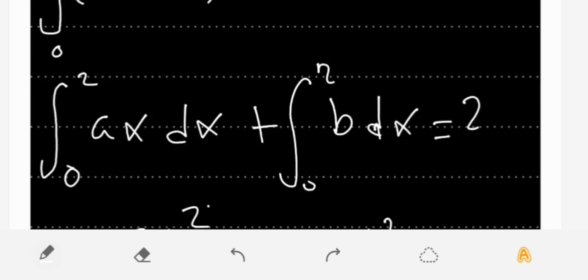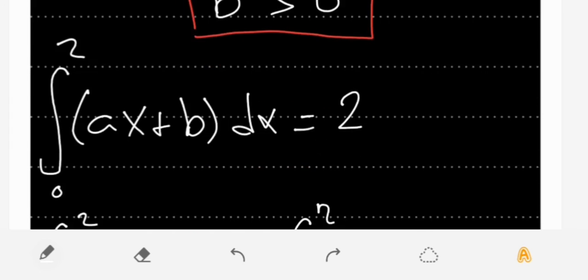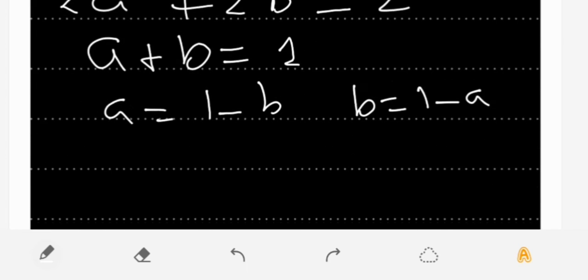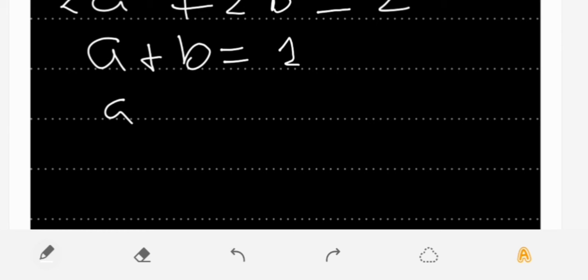Now look, the second condition is squared, so it's probably going to give you two answers. Let's just note over here that a is equal to 1 minus b.